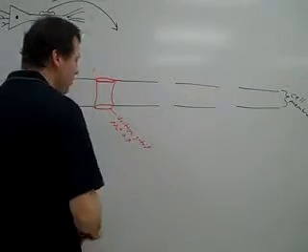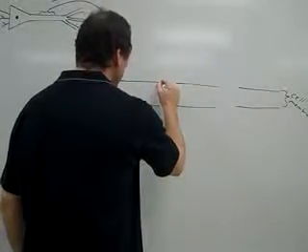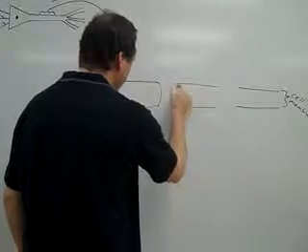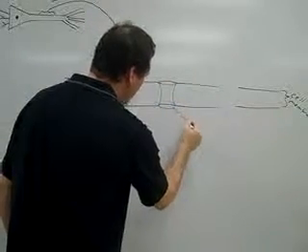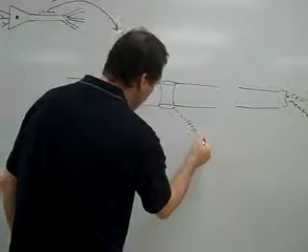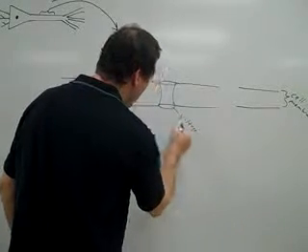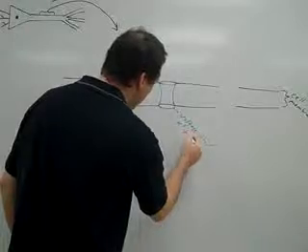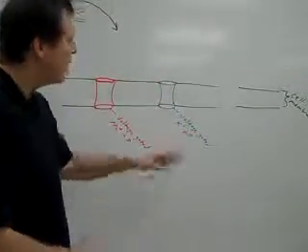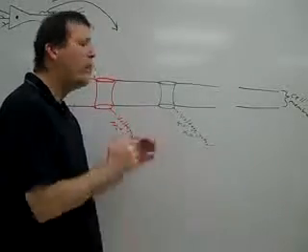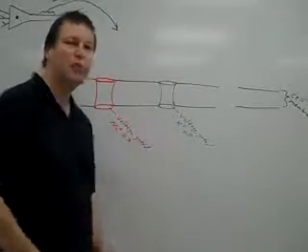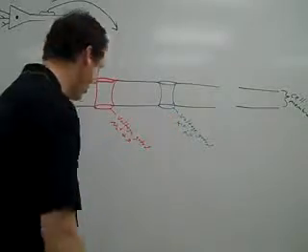The next transport protein is going to be a potassium transport protein. So that's going to be a voltage-gated potassium transport protein. And voltage-gated simply means that that transport protein opens up in response to a change in voltage, which we'll talk about in just a minute.